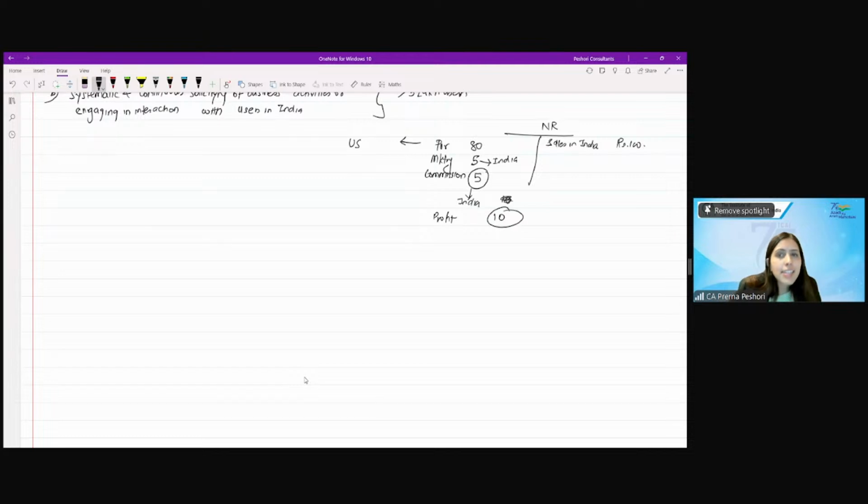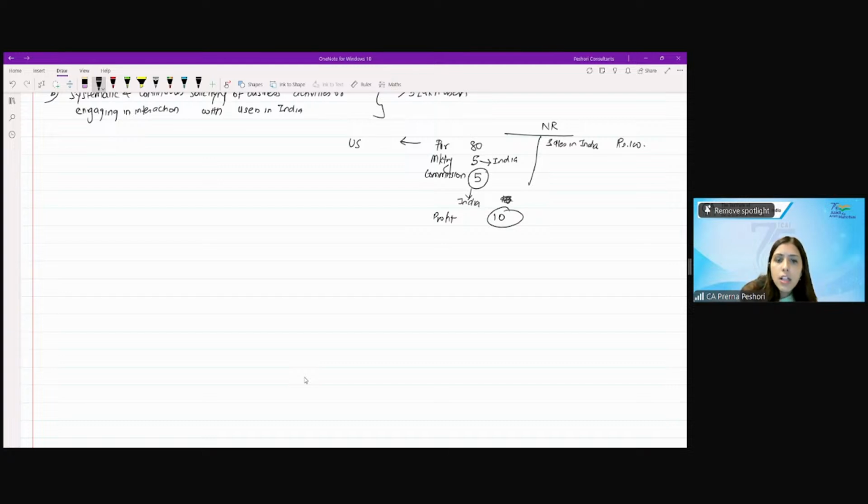Now, will you tax this entire 10? Yes. Will you be taxing the entire 10? Because now you said, ma'am, you should minus expenses. Income means the net income. The answer is no. Yes, Chinni, you are right. Yes, Kirti, correct.